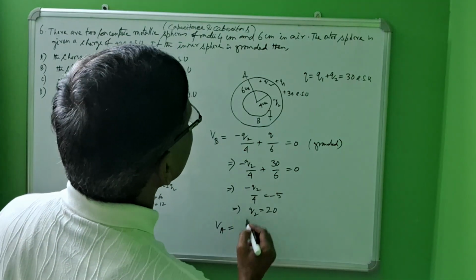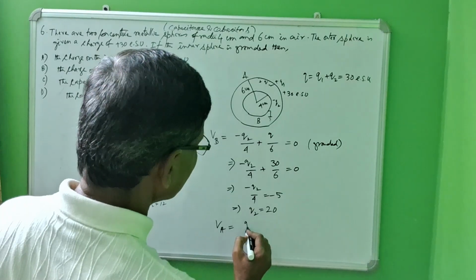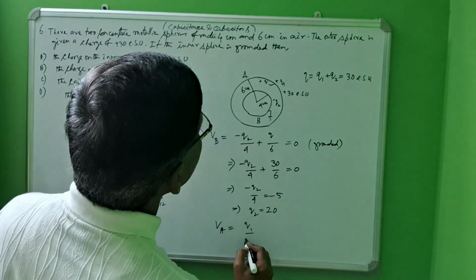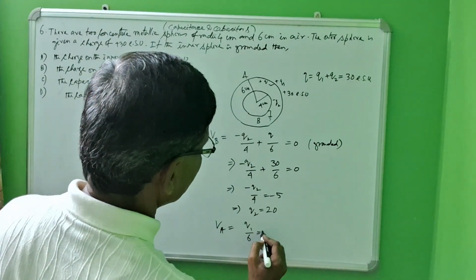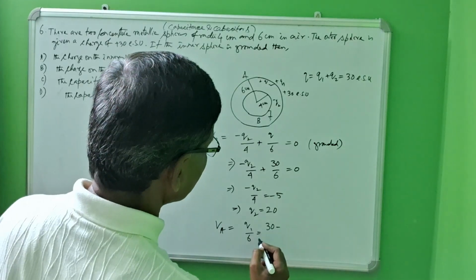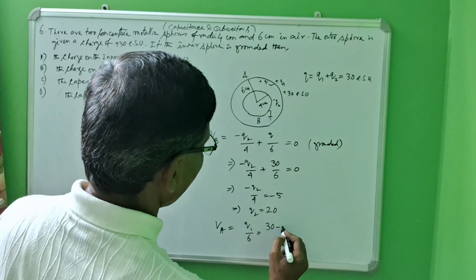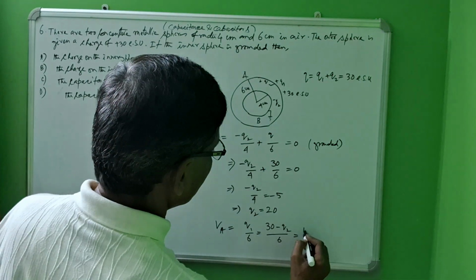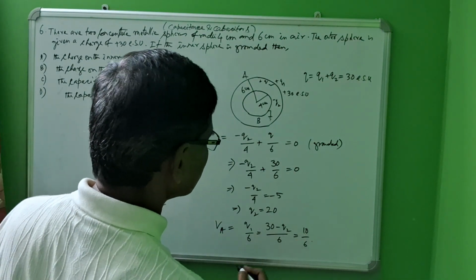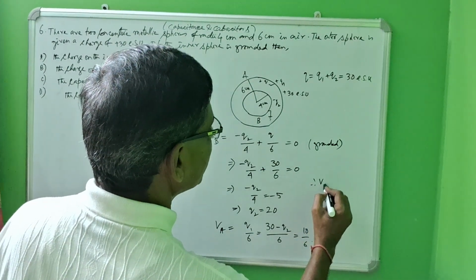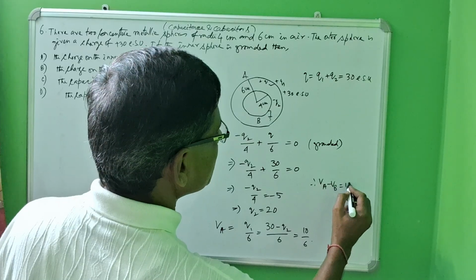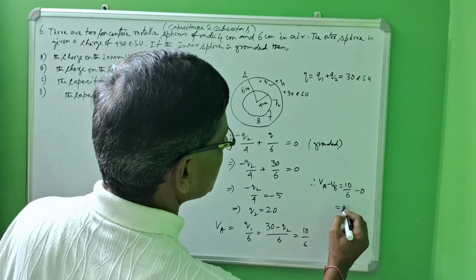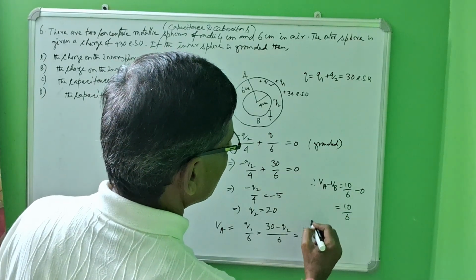This is nothing but Q1 upon 6, equals 30 minus Q2 upon 6, equals 10 upon 6. So VA minus VB equals 10 upon 6 minus 0, equals 10 upon 6.